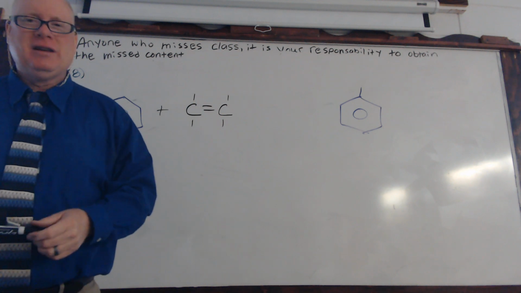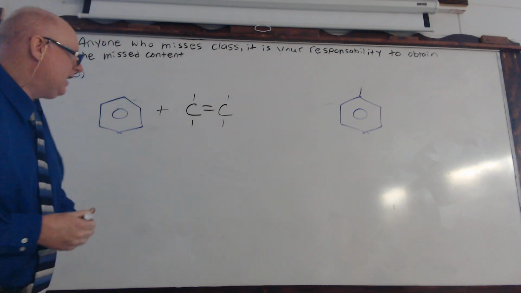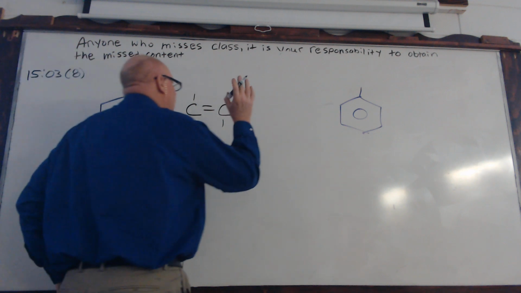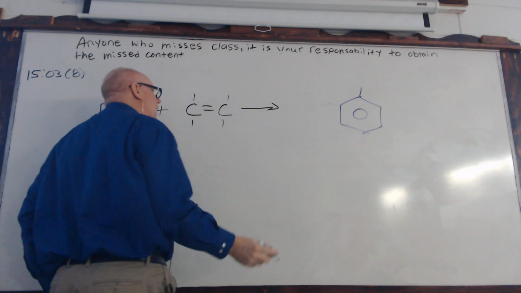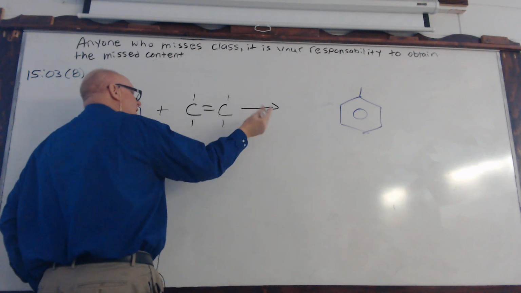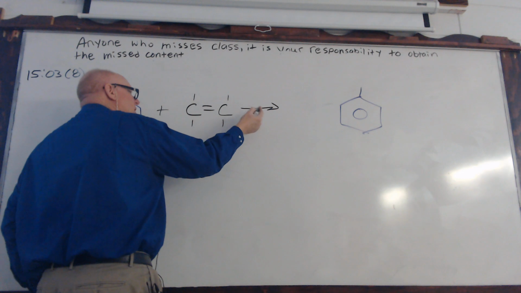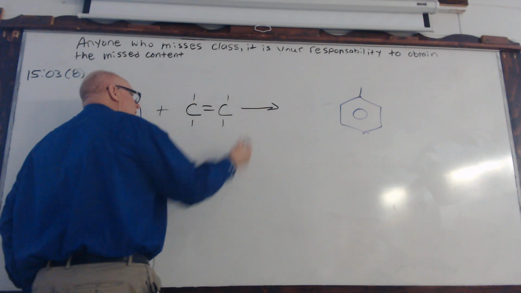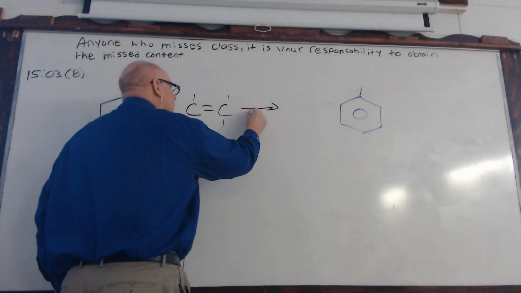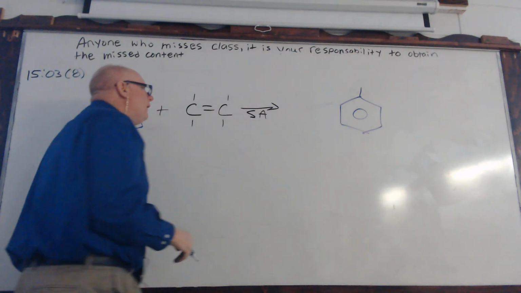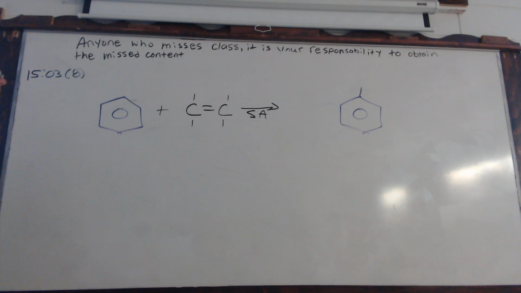Okay. So what that is saying then, if we have an alkene, I would presume that there has to be a catalyst here of some sort, and it's another acid, so H2SO4 or sulfuric. Okay.